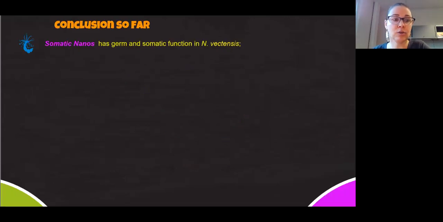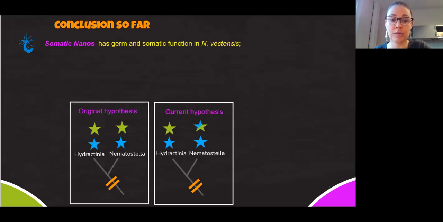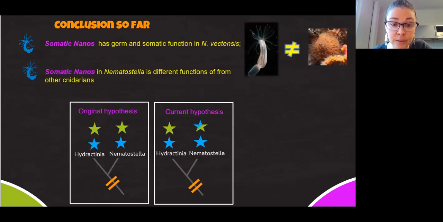So the conclusion we have for this talk so far is that somatic nanos has both germline and somatic functions in Nematostella vectensis. We started with the original hypothesis that one gene in Nematostella would be responsible for the germline function and the other gene for the somatic function. But it seems that in Nematostella, this somatic gene has both functions, germline and somatic.